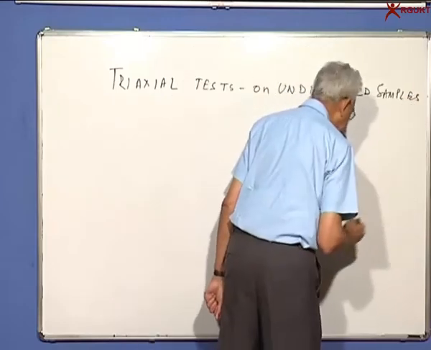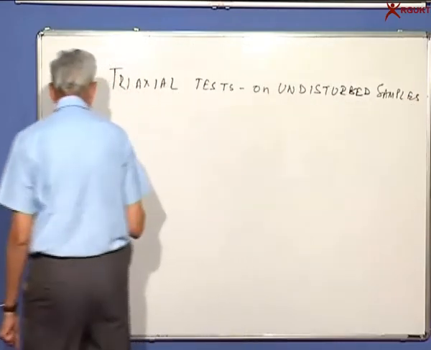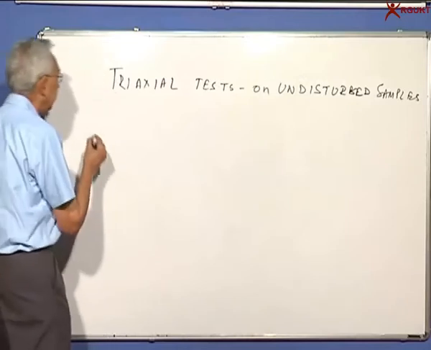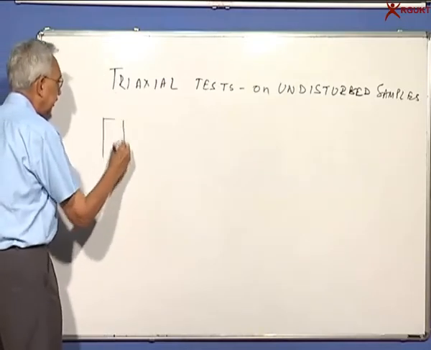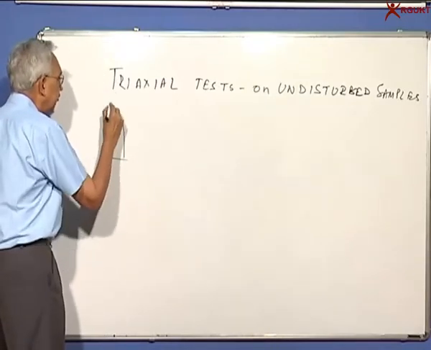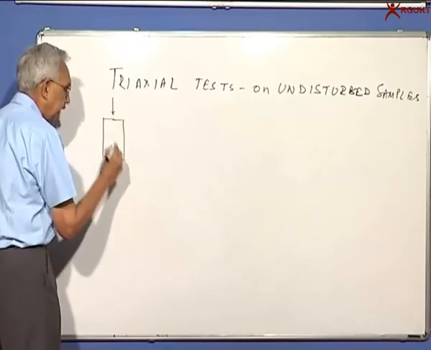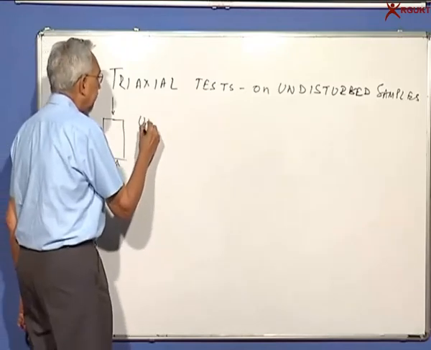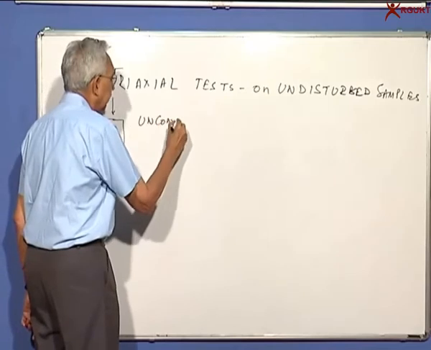We take the sample out of the ground from a tube, we set it up and then test it in the triaxial. The simplest is without any lateral confinement. You call it the unconfined compression test.